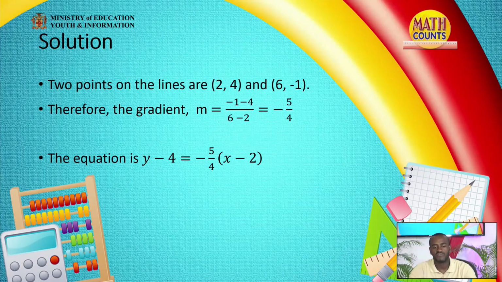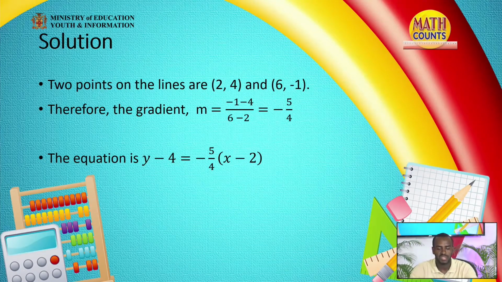Therefore, we now have the equation y minus 4 into -5/4 into x minus 2. Let's go again. Our equation is y minus 4 is equal to -5/4 into x minus 2.